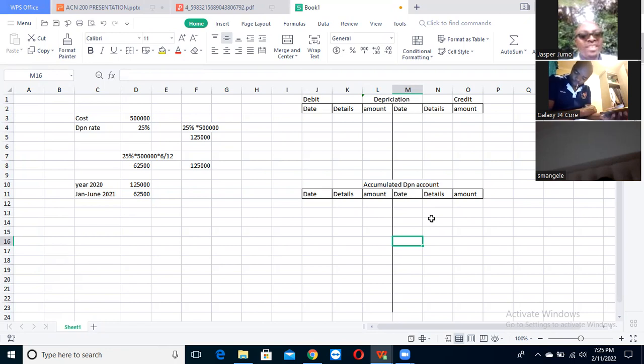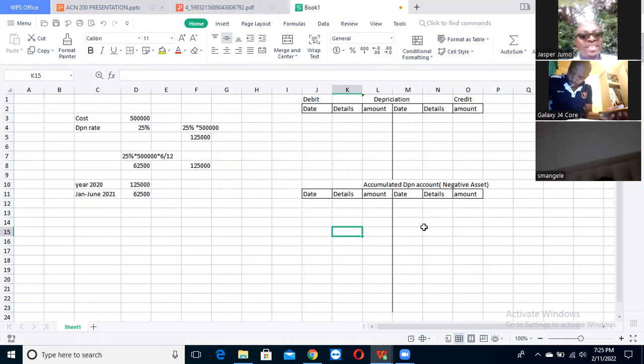So whenever you are posed with a depreciation question, you must know there and then the 2 accounts that are involved: the depreciation and the accumulated depreciation account. The accumulated depreciation account is sometimes referred to as the negative asset account. Why? Because as we apply accumulated depreciation, we are reducing the value of the assets that we have in our financial statements.